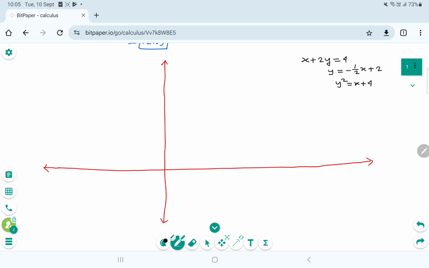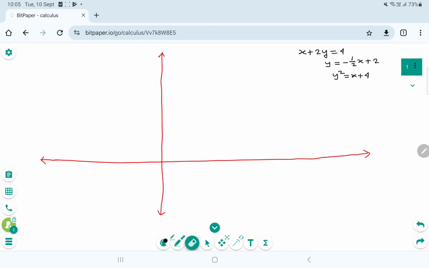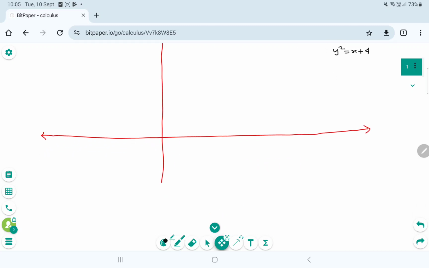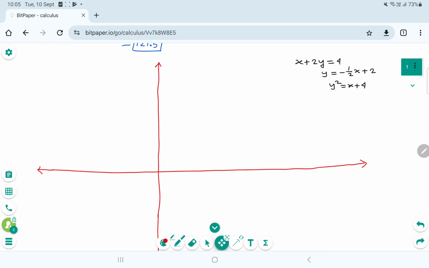So it is basically a parabola, open to the right side, axis along the x-axis, and the vertex is at -4, 0. If you put x equal to 0, then you get like that. Okay, perfect. So hopefully my graph will work.